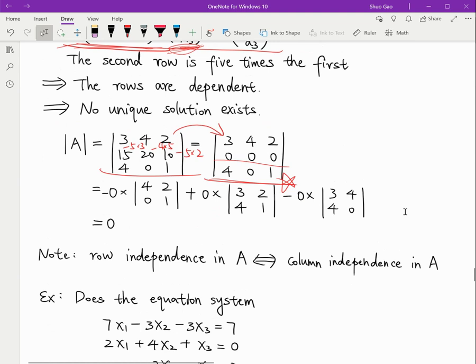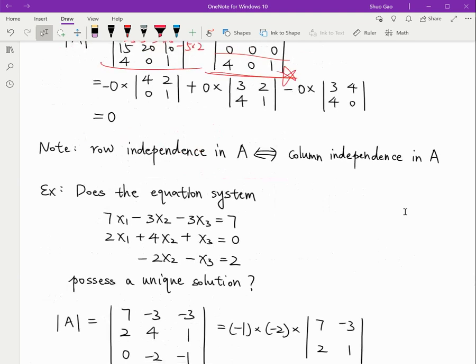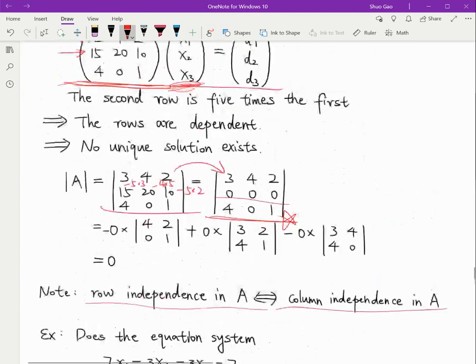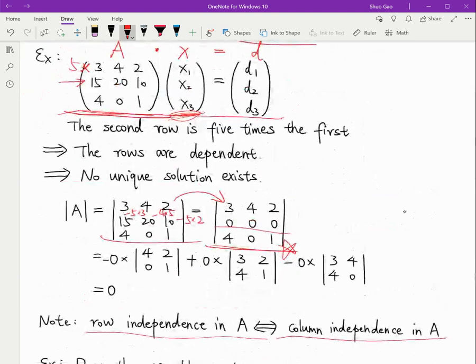And here's a little note. If there's row independence of A, then it also means that there's column independence of A. So it means that for A, if the three rows, for example in this one, are linearly independent, then the three columns are also linearly independent.